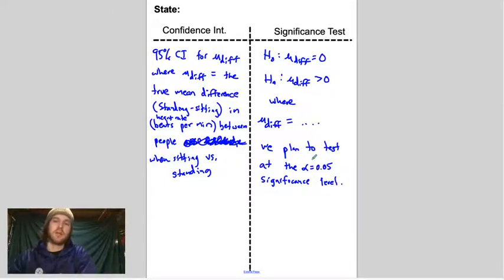Bingo. State is done. Now normally you'd copy and paste that over here, but we've got everything we need. For the confidence interval, you got your confidence level and your parameter. Over here, you got your hypotheses, your definition of your parameter, and your significance level.